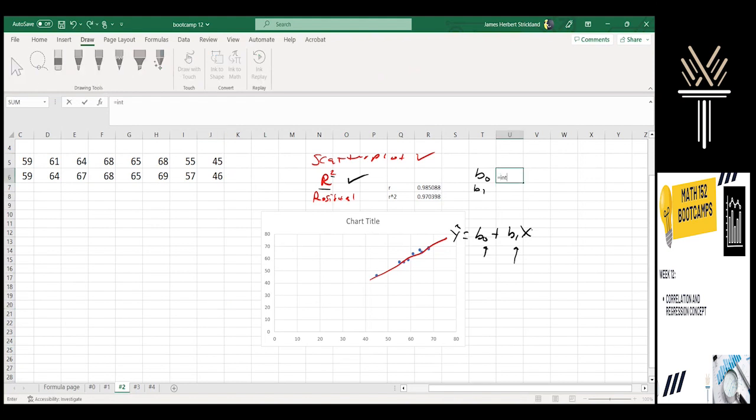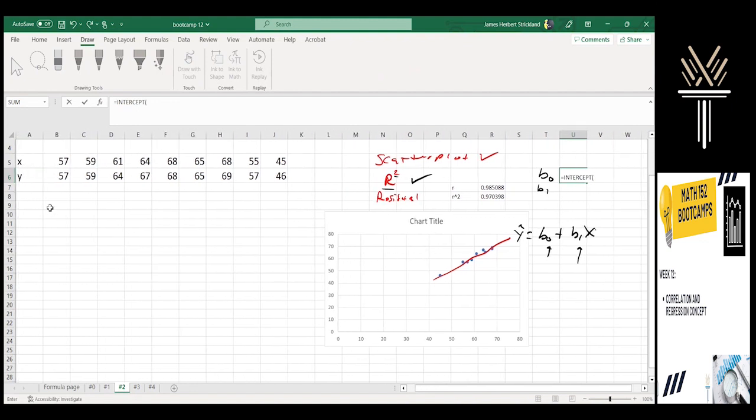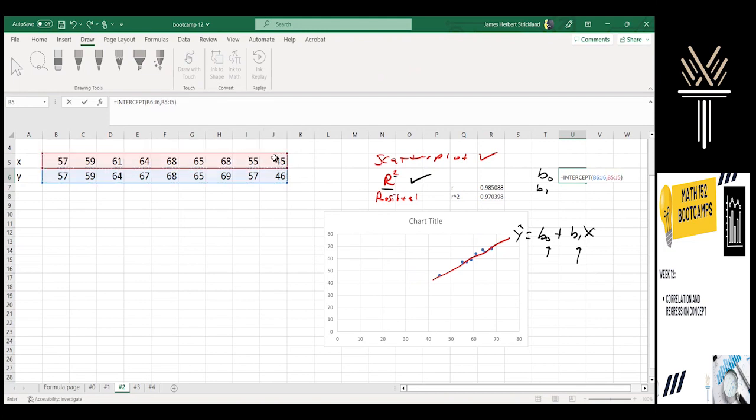So intercept, y values first, and then x values. There we go. And now we need the slope, y values first, and then x values. So now I have my equation.